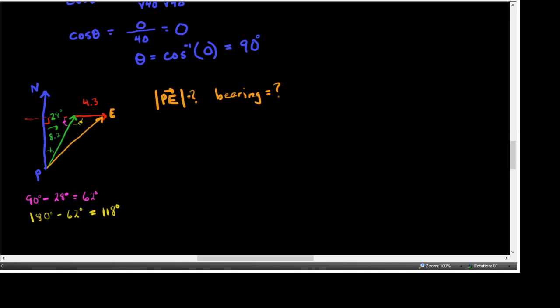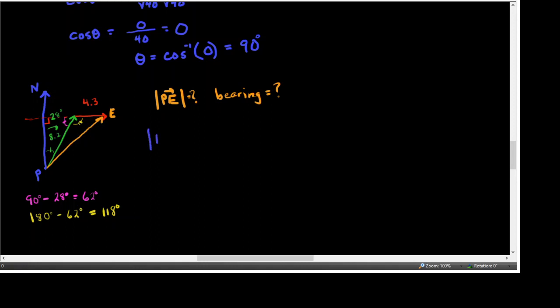So, since we know the length of the green, which is 8.2, and the length of the red, which is 4.3, and we know the angle between them, we can find the length of PE and the magnitude of vector PE using the law of cosines.